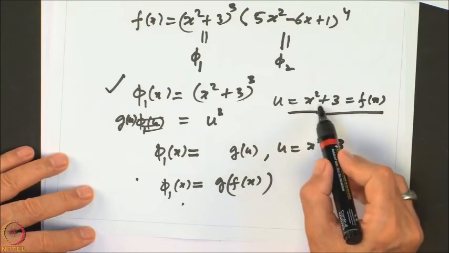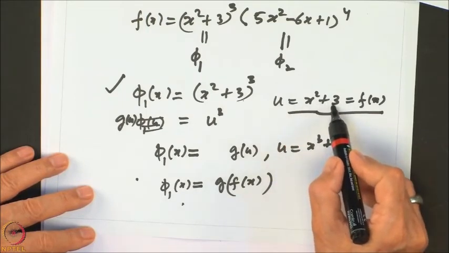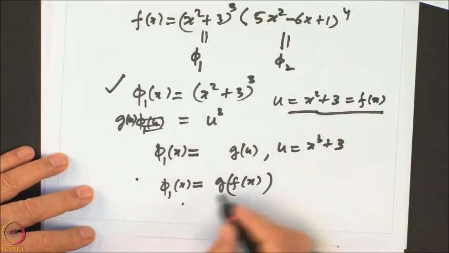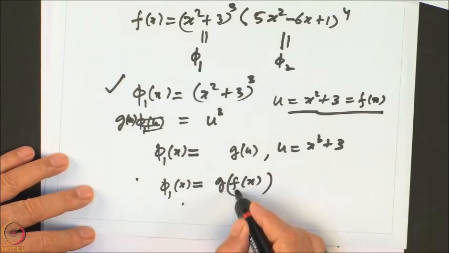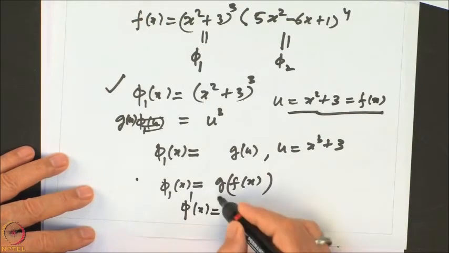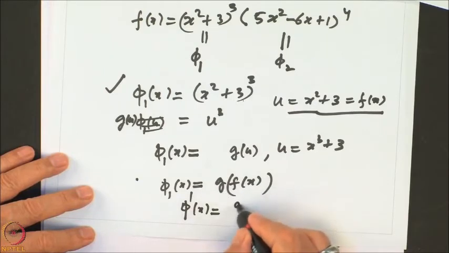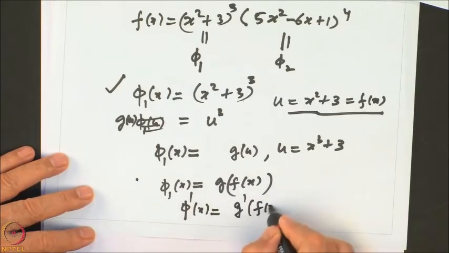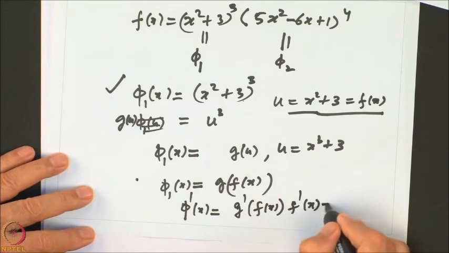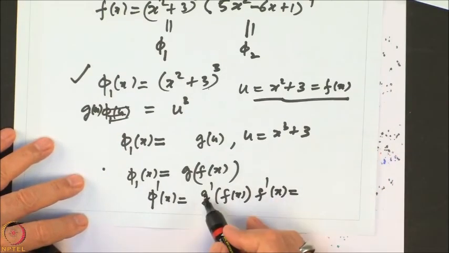So u is a differentiable function of x, and g is a differentiable function of u. So g is differentiable, f is differentiable, so this function is differentiable. What is the derivative of phi 1 of x? It is g dash at f of x into f dash of x, by the chain rule.